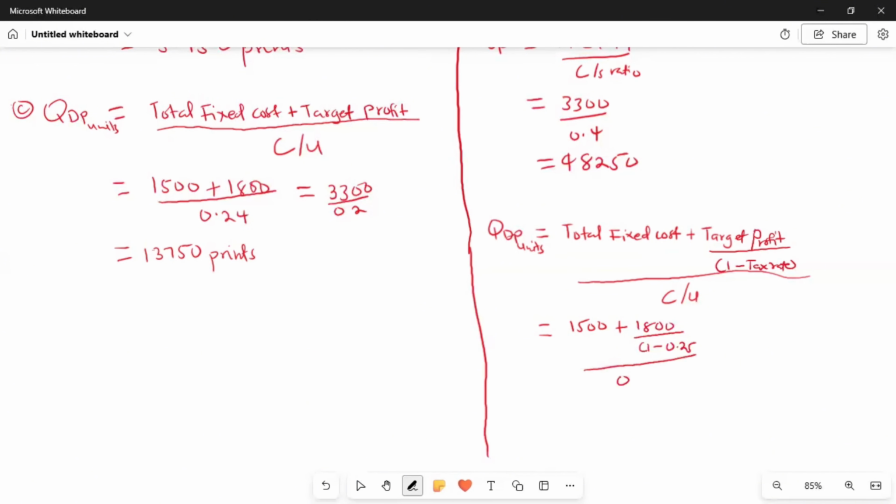So 1 minus 0.25 will give us 0.75. So 1,800 divided by 0.75 gives us 2,400.